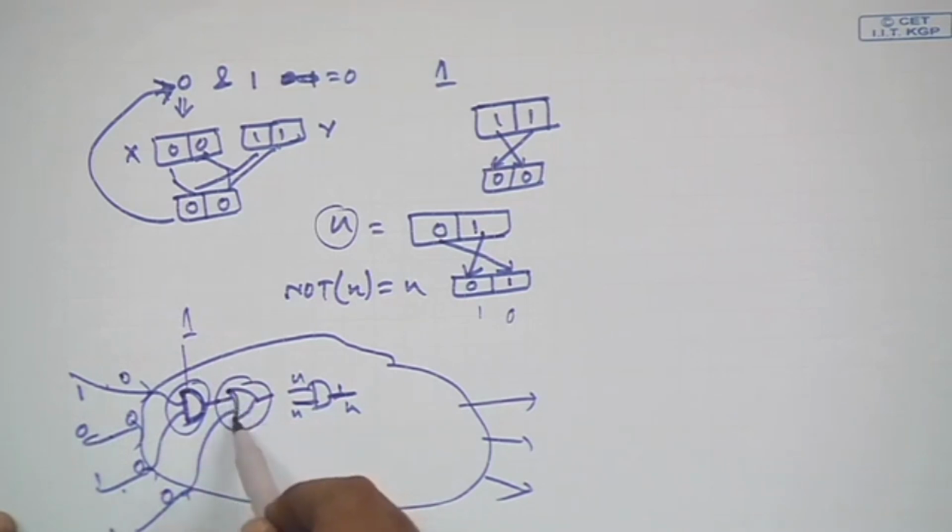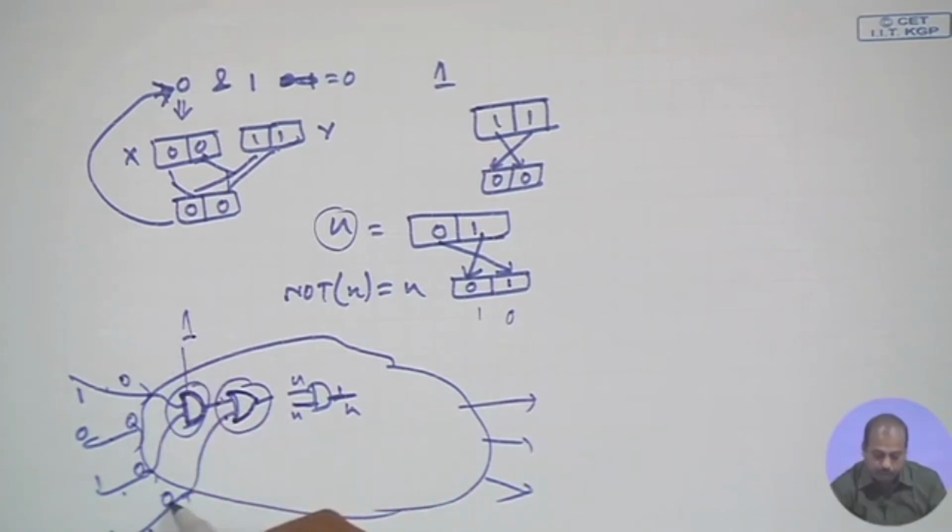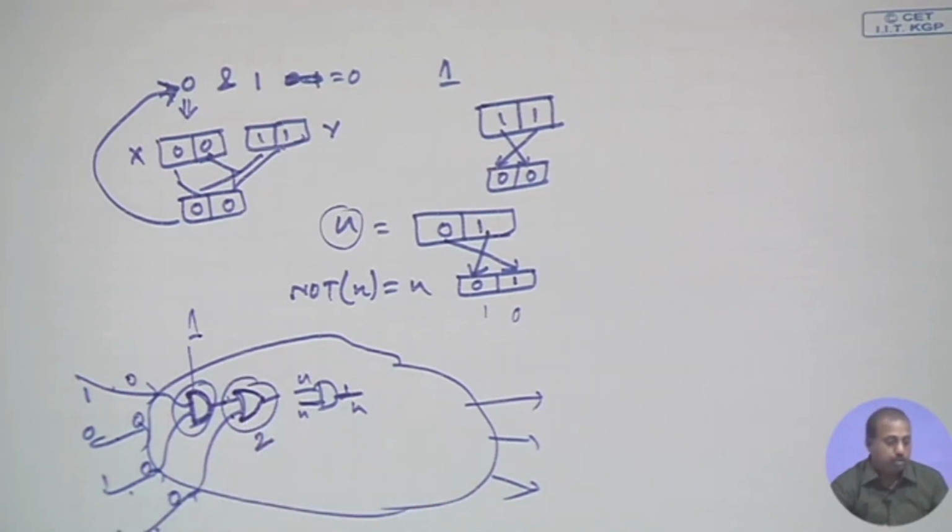Now, when you are trying to levelize this node, what will happen? It has two inputs, one of them has level 1, another has level 0. We take the maximum of these two, which is 1, plus 1, so 2. So, 2 is made the level of this OR gate. This way the leveling is done.